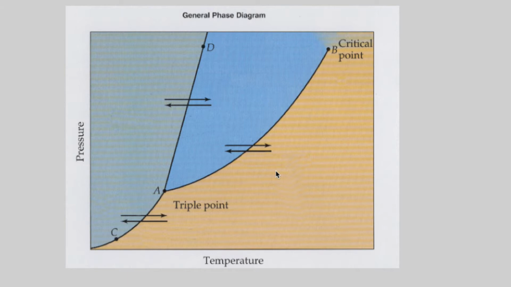So guys, what you're going to see when you see phase diagrams on the AP test, they are actually going to have you use these diagrams to make predictions and to explain observations. Let me say that again. You're going to need to be able to use these diagrams to make predictions and to explain observations.